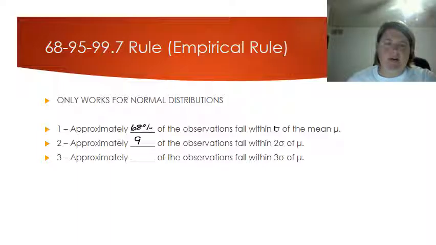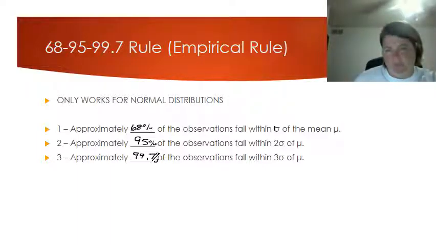Approximately 95% of all observations fall within two standard deviations of the mean, and approximately 99.7% of the observations fall within three standard deviations of the mean. Technically it's plus or minus, so positive and negative on both sides.